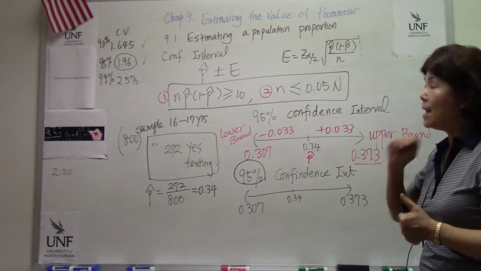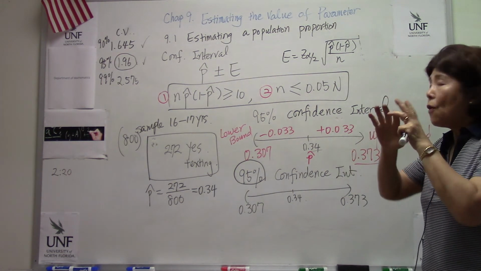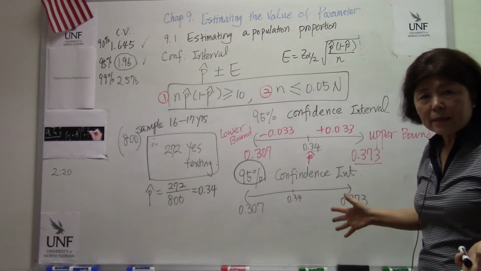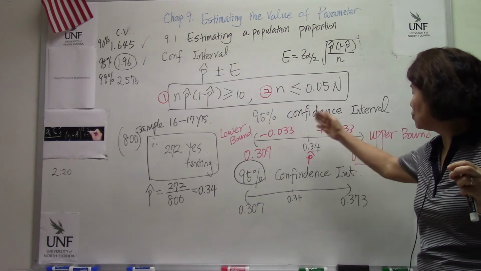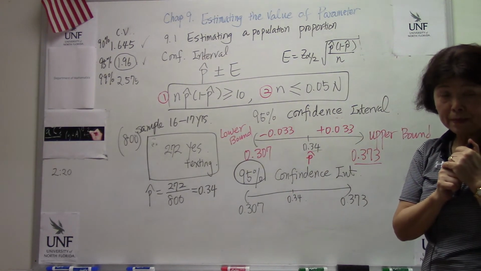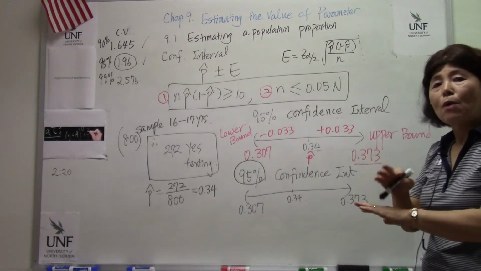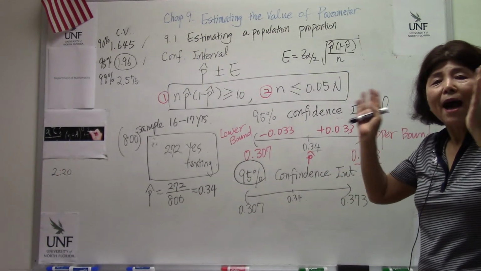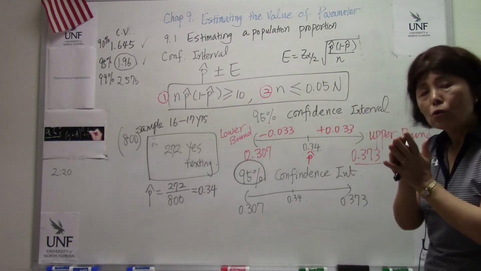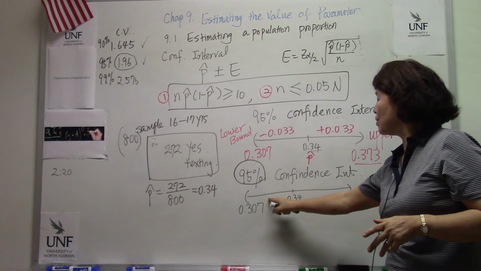When a large number of samples are made, for each sample they are going to build their confidence interval. So when many confidence intervals are made, 95% of those confidence intervals will include the true proportion inside. We don't know where that is.